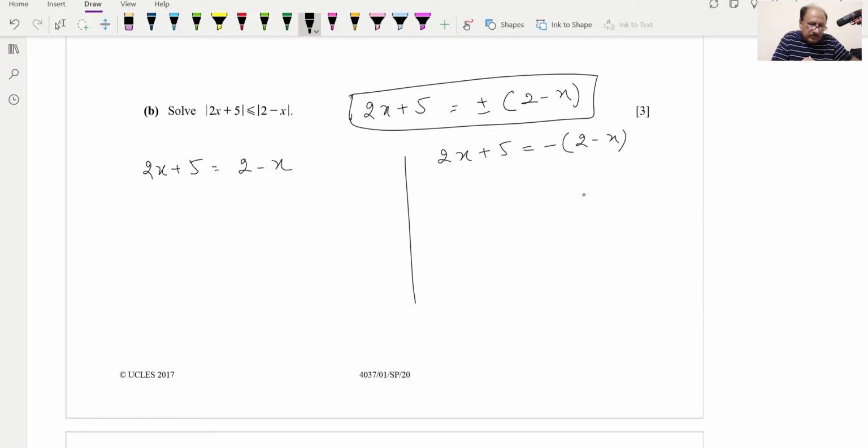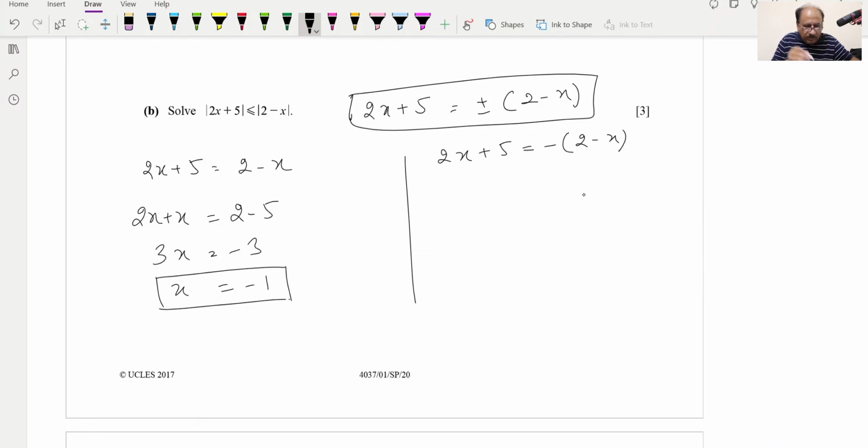Now we can shift this x to the other side, and this will be 2x plus x, and 5 we can shift to the other side, so 2 minus 5, and this will be 3x is equal to minus 3, so x will be equal to minus 1.